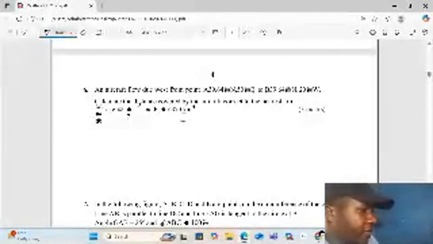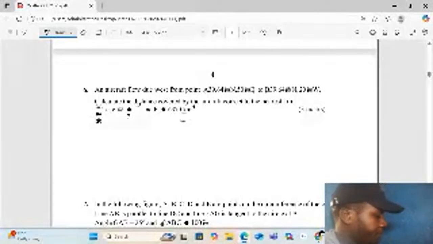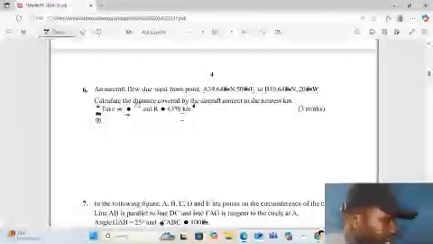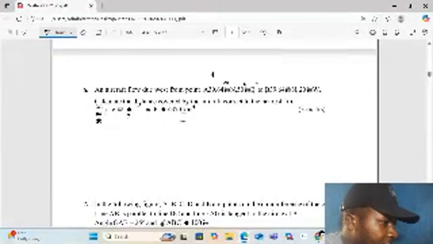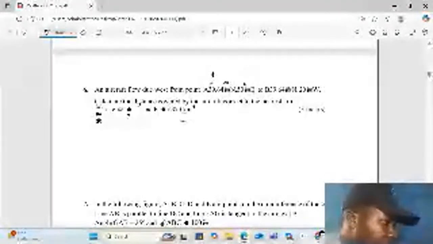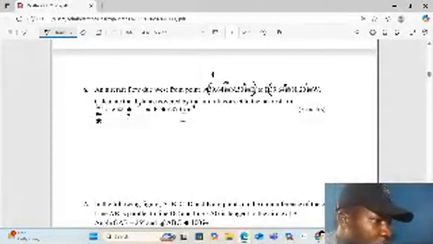An aircraft flew due west from point A, which is 39.64 degrees north, 50 degrees east, to point B, which is 39.64 degrees north and 20 degrees west.